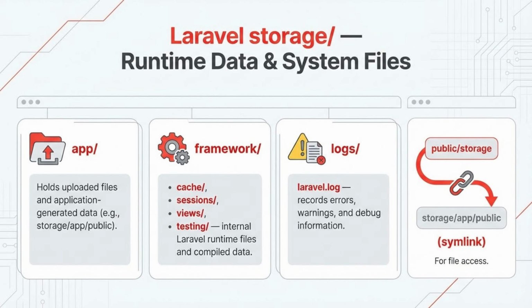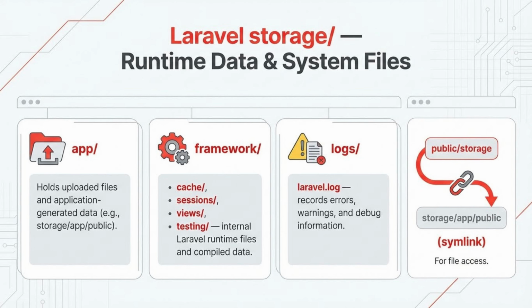Since the storage folder itself is not publicly accessible for security reasons, Laravel uses a symbolic link to safely expose only the files that the browser needs. When you run the artisan command php artisan storage:link, Laravel creates a link between public/storage and storage/app/public. This allows assets like uploaded images to be served to the browser without exposing the entire storage directory.